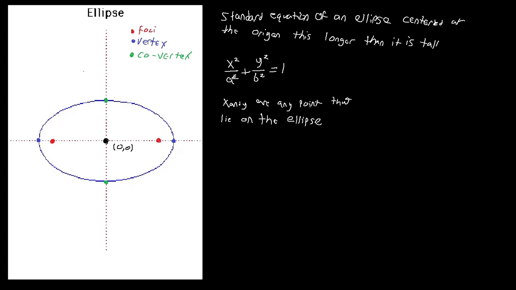Next, I want to talk about A. A is a special number that we actually have in our diagram here. A is explicitly defined as the distance from the origin to the vertex.